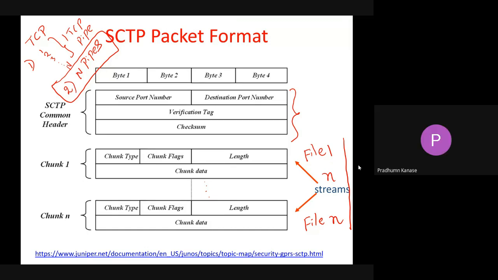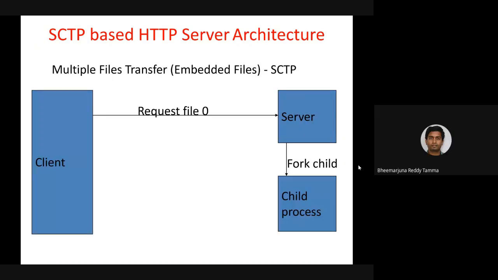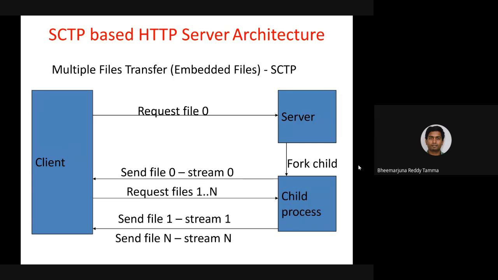Yes, sir. Okay, so let's look at the animation again in the context of using SCTP. Look at what is happening finally. All these are happening over one SCTP pipe.